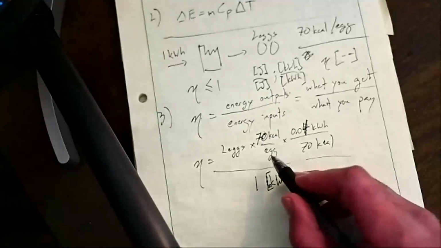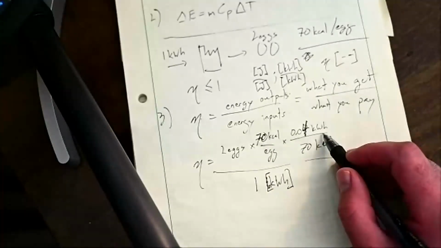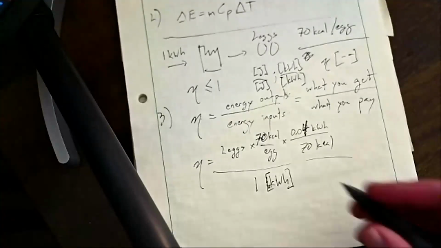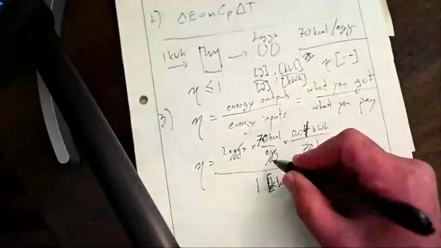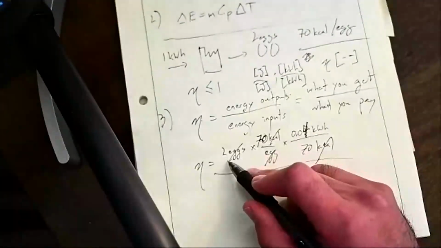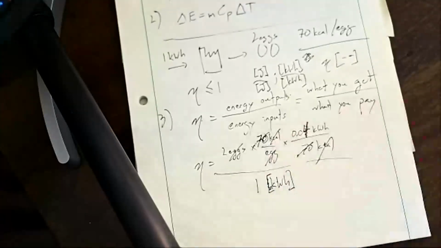And so I ran through these conversions to get everything in terms of kilowatt hours. So I have kilowatt hours over kilowatt hours, energy over energy. So the eggs cancel, kilocalories cancel, and this 70 cancels.